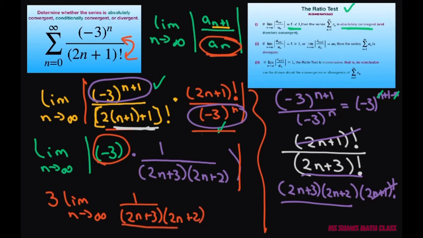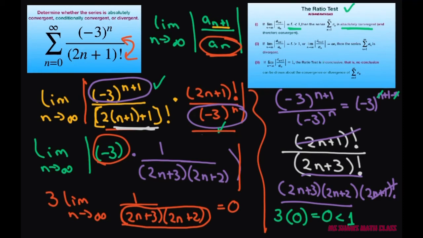As this denominator gets larger and larger, this is going to go to 0. So we really have 3 times 0, which equals 0, which is less than 1.